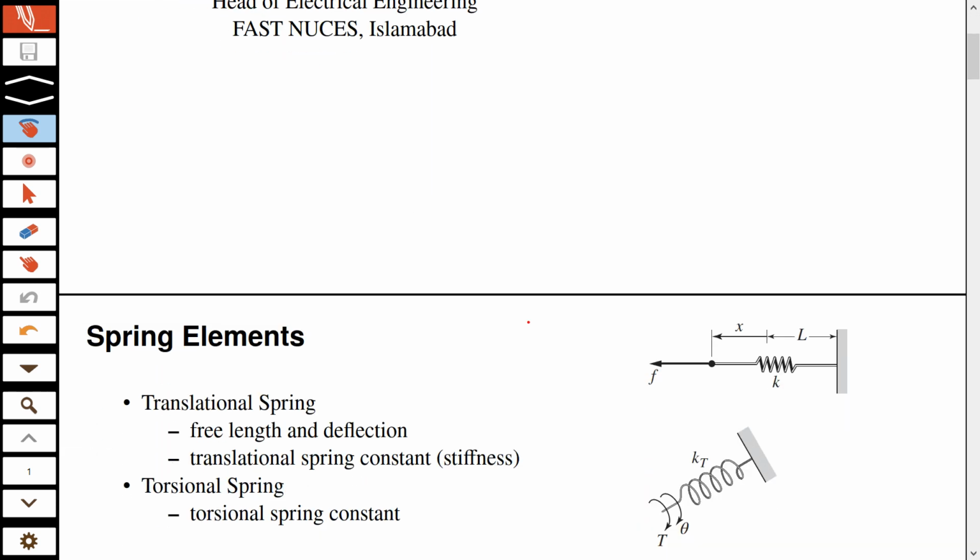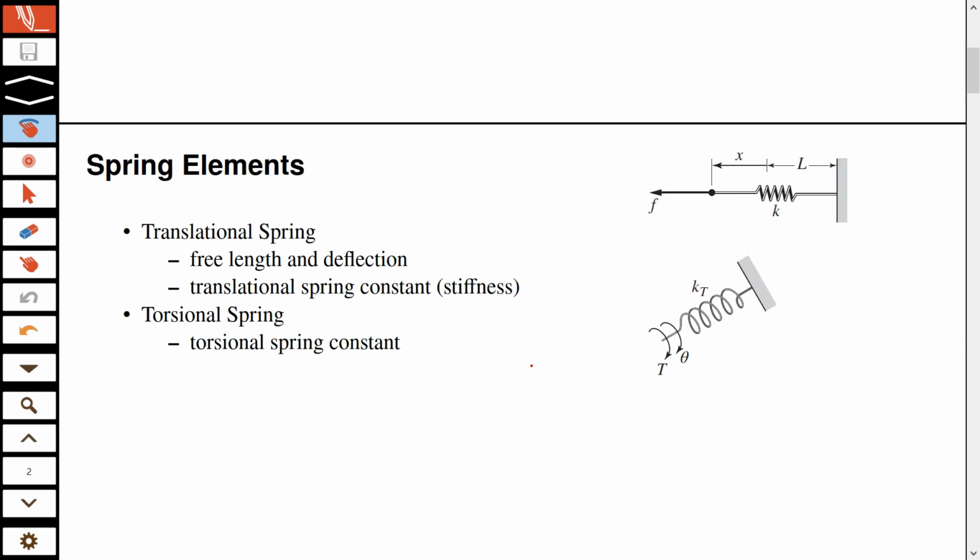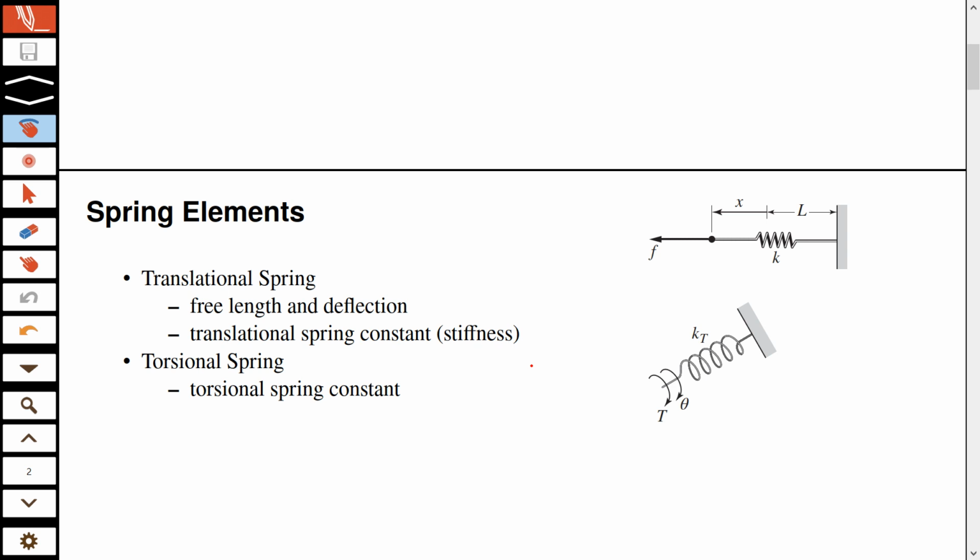So let's continue with our practice problems. Although we are beginning this new chapter in this book, the spring elements are not new to you, so we have covered this in previous lectures. You only need to distinguish between two types of springs: the translational spring and the torsional spring.